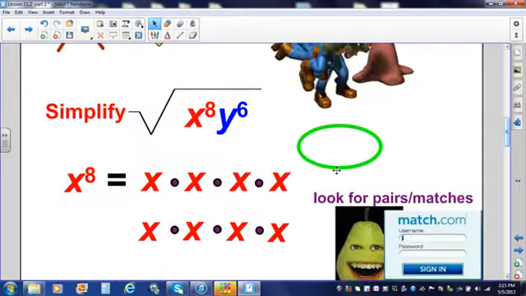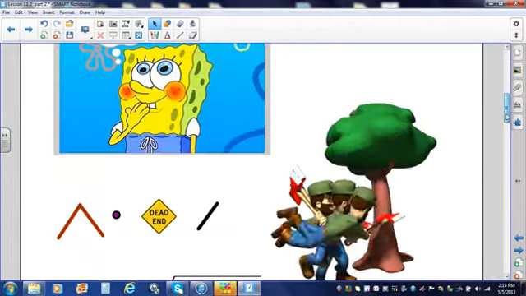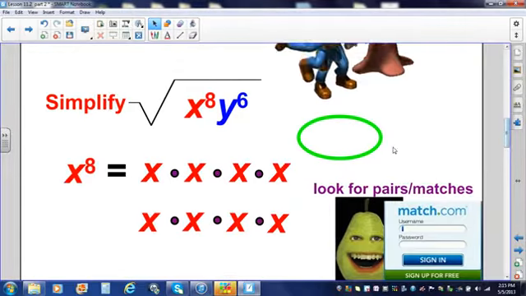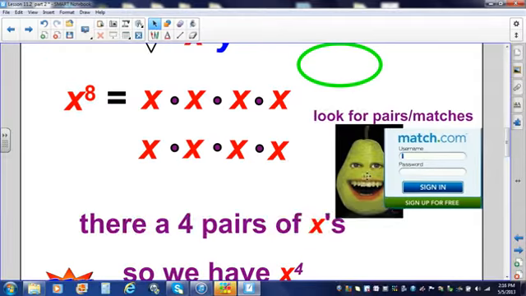So, if you would, please write down the square root or radical of x to the 8th power, y to the 6th power. And remember that we are going to chop this down. So we're going to say that x to the 8th power means that we have x times x 8 times. So please write down, x times itself 8 times. Remember that we are looking for pairs.